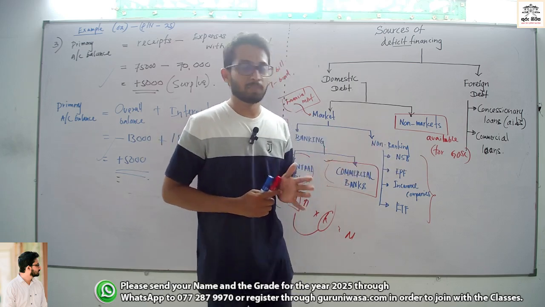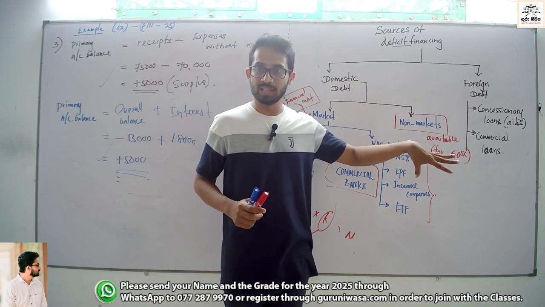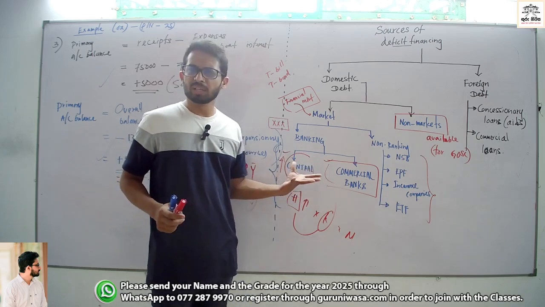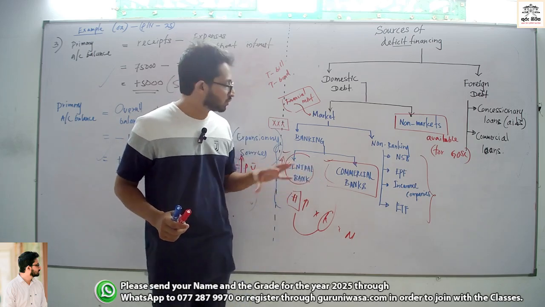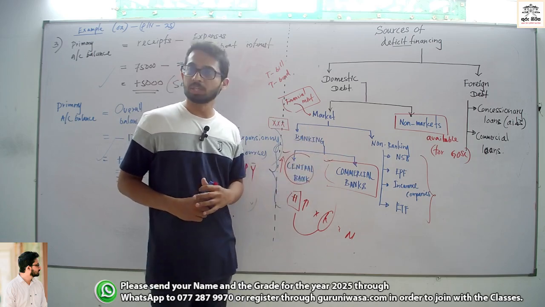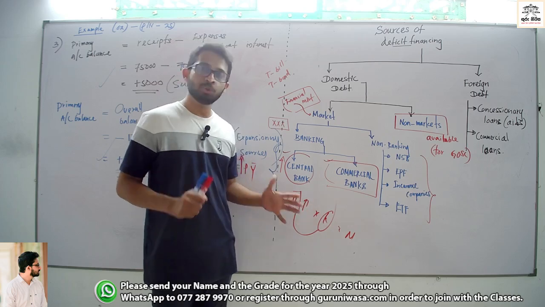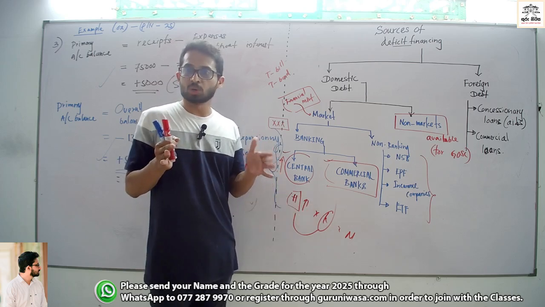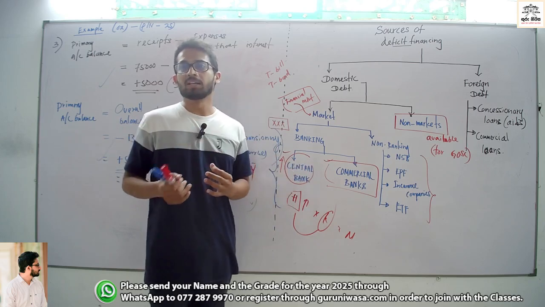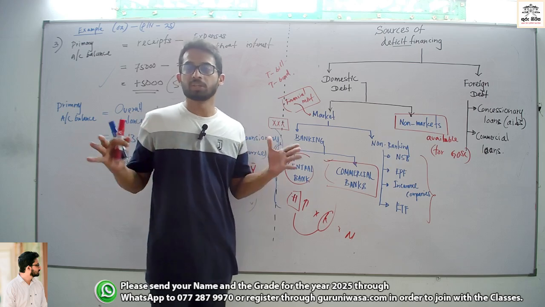So what I need to say is, even though there are so many sources available to borrow funds, the Sri Lankan government finally has to go to market sources, especially banking, the central bank and commercial banks, creating huge inflation or an increase in money supply, and finally the country ends up with a huge problem.